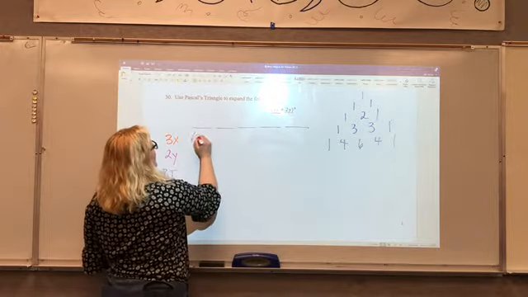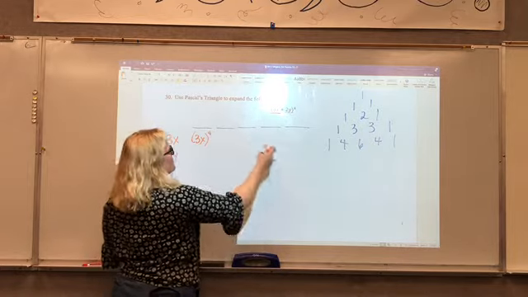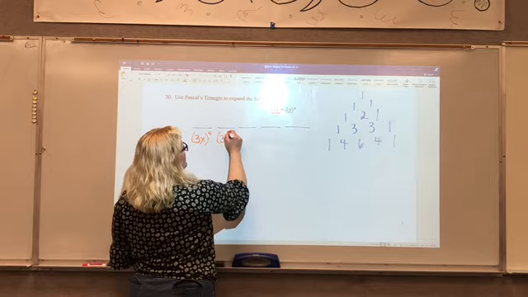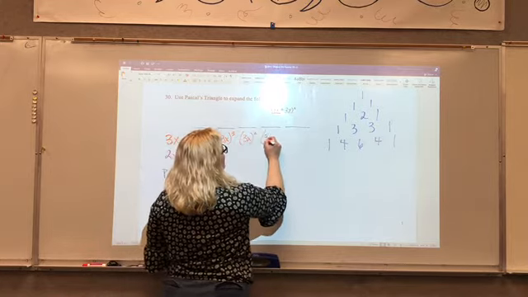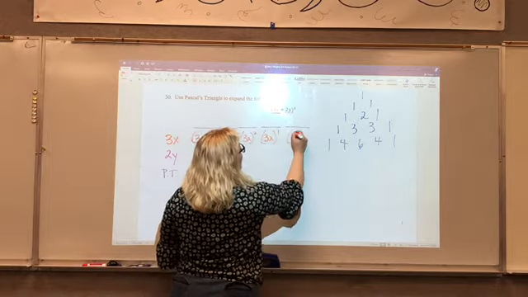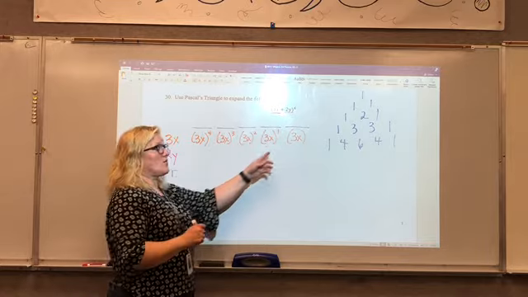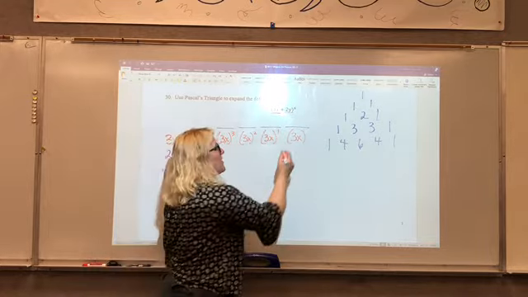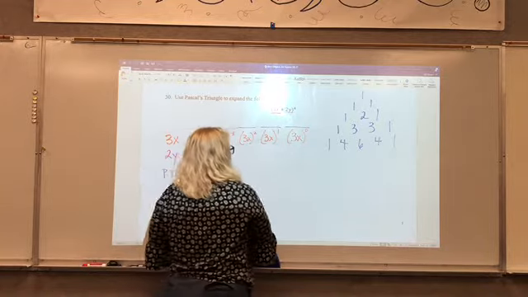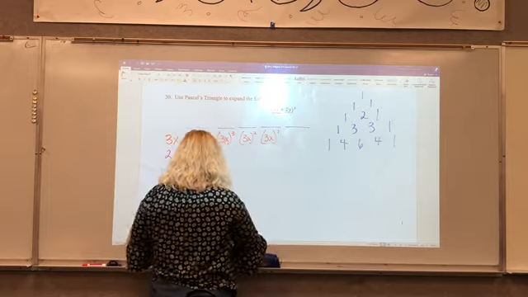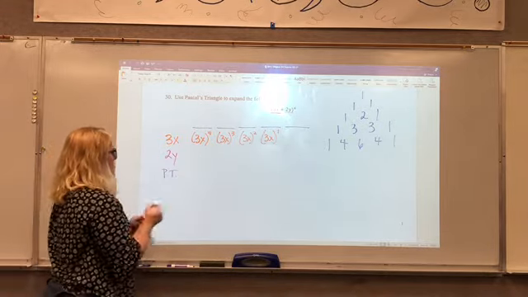So I have 3x to the 4th power to start, and then they go down. 3x to the 3rd, 3x squared, 3x to the first, and then finally 3x to the 0, wouldn't it? And that just means that it's 1. So actually, there's nothing there. Not sure why I wrote that. Getting ahead of myself, maybe.